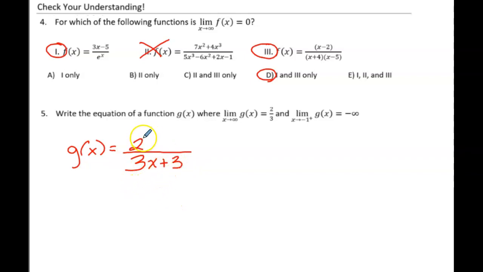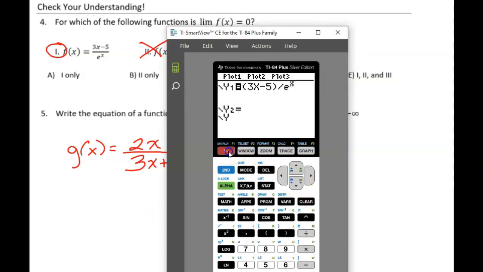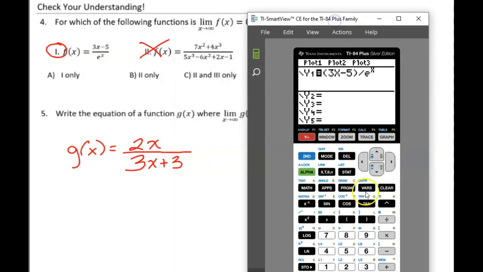Okay, then in the numerator, we need the degree to be the same, so we'll make this a 2x, and then let's take a look at what that graph is doing. So numerator is 2x divided by our denominator 3x plus 3.